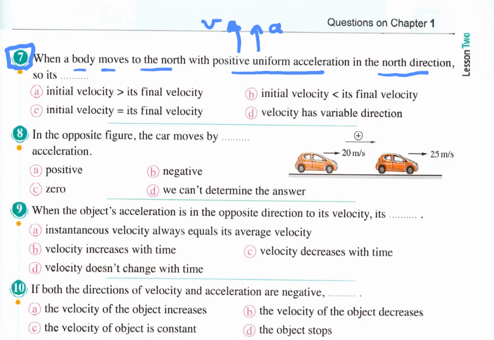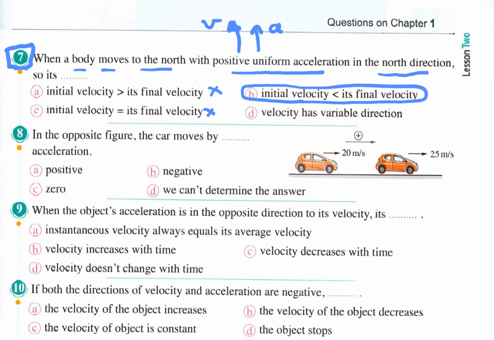So initial velocity larger than final velocity, wrong. Initial velocity smaller than the final velocity, yes, because the object accelerates. Initial velocity equal final velocity, no, that means the object is moving with no acceleration, equals 0, so wrong.